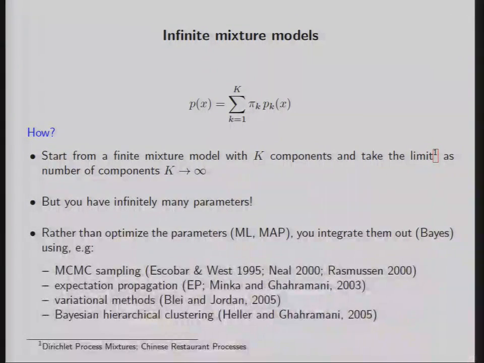So Dirichlet process mixture is a model of data. And now once you define the model, you can think of many different inference algorithms for computing predictive probabilities from your model or inferring hidden variables, etc.